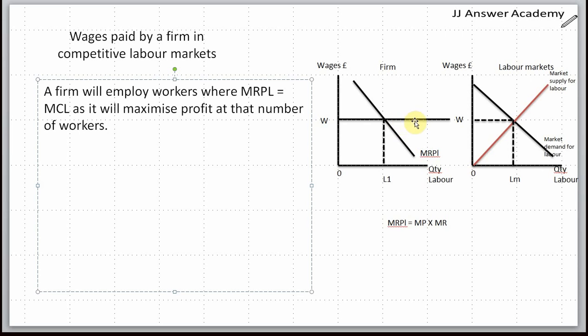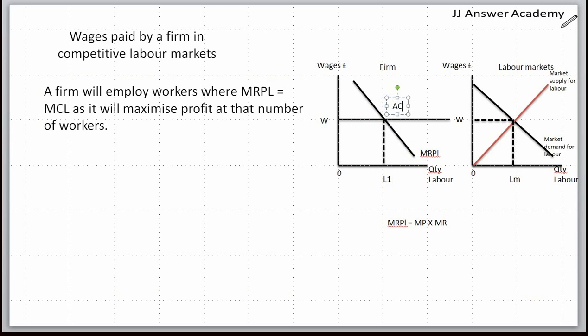What we've got to understand is the supply curve for the firm is a horizontal line, which means for a firm in competitive markets, average cost of labor is equal to marginal cost of labor. So ACL equals MCL equals the market wage rate.